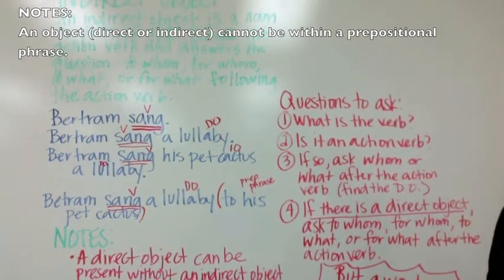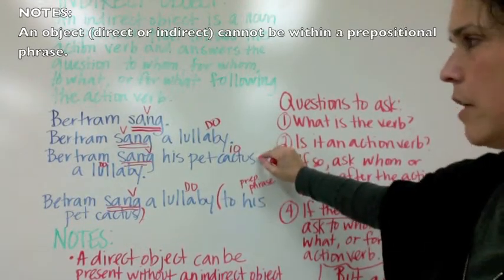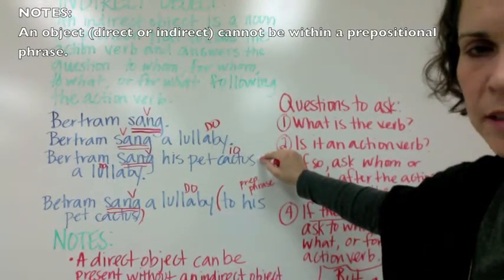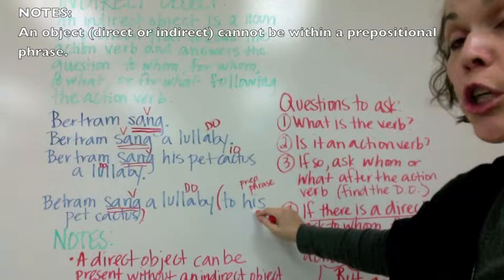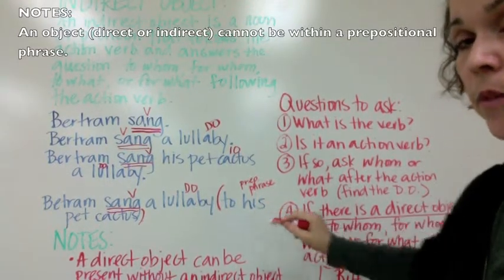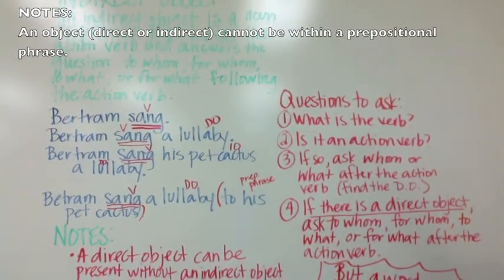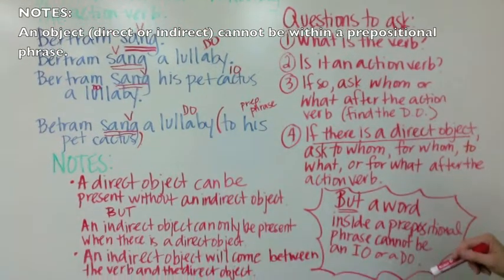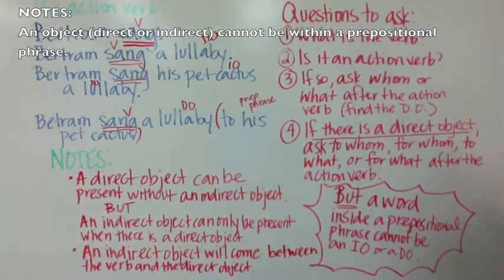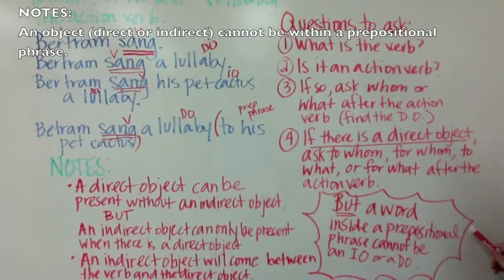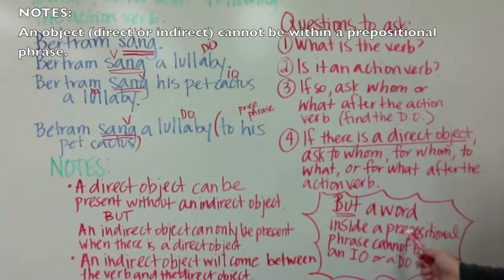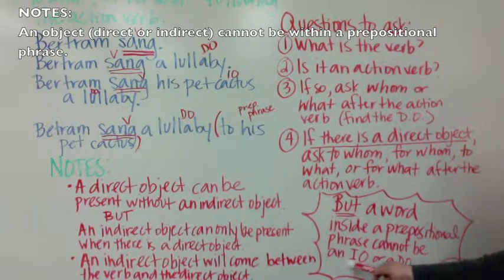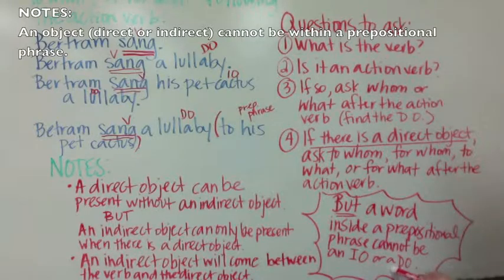That means that even though the information we are given is the same as in the previous sentence, because the structure is different, we don't have an indirect object. We have the information for an indirect object, but we don't actually have one. And if you look right here, there's a little note. But a word inside a prepositional phrase cannot be an indirect object or a direct object.